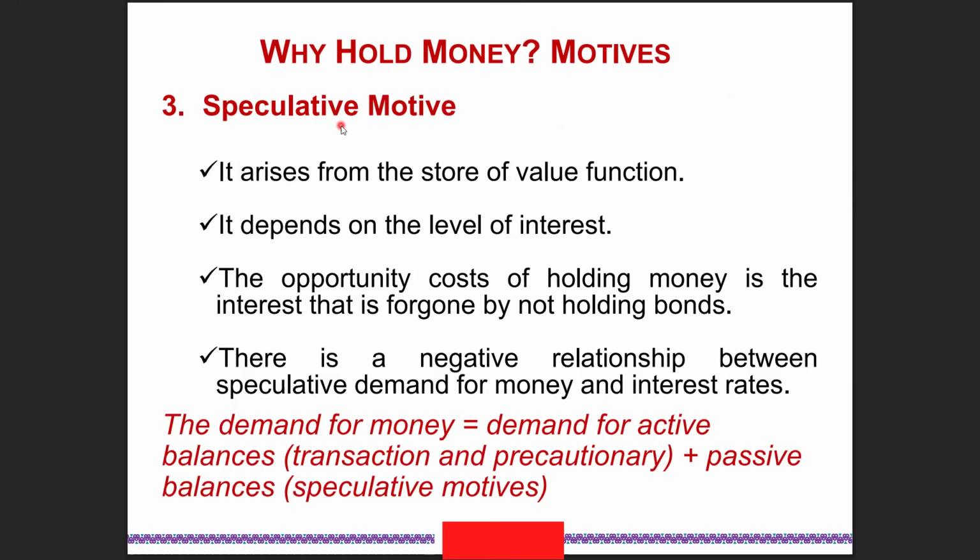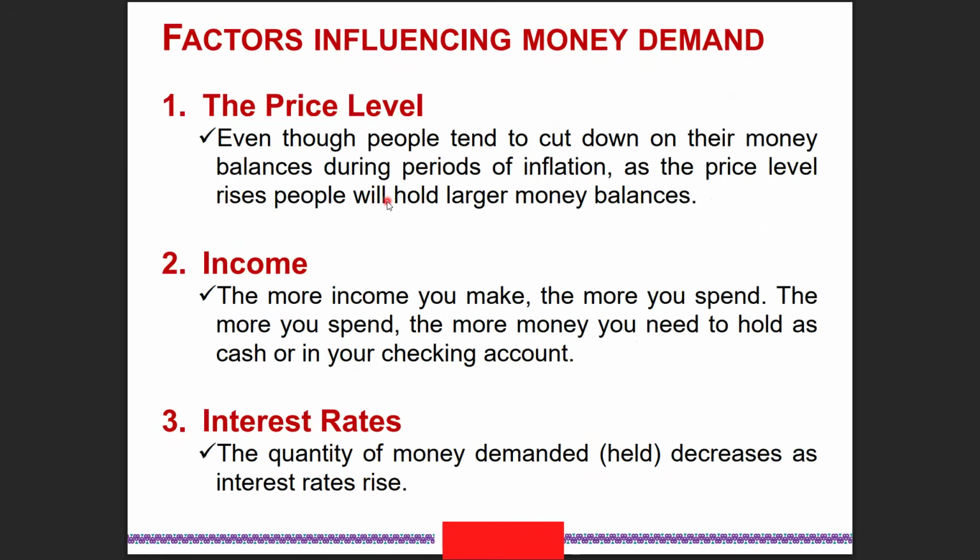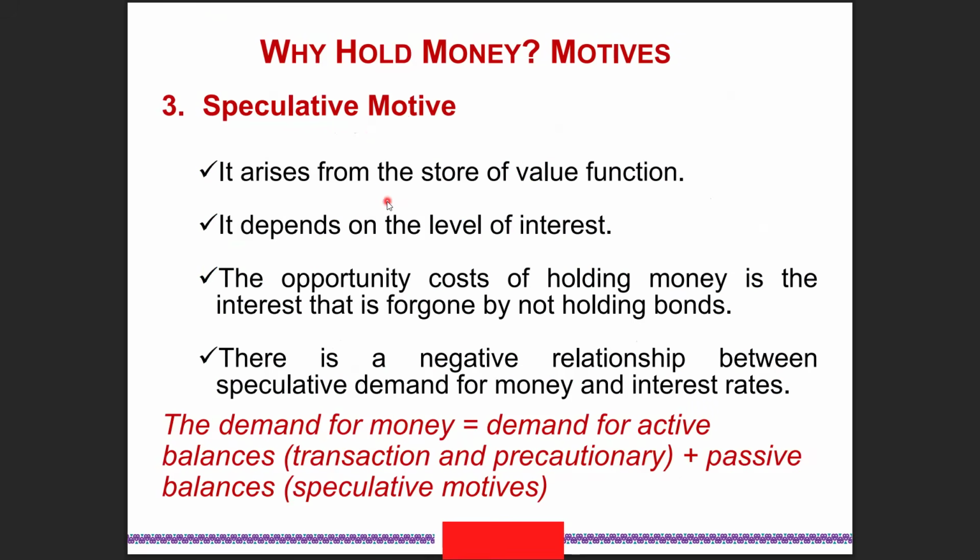The precautionary motive depends on your income, as does the transaction motive. The speculative motive will depend on the interest rate, because this one is saving your money, saving your purchasing power. So obviously you look at the interest rate.